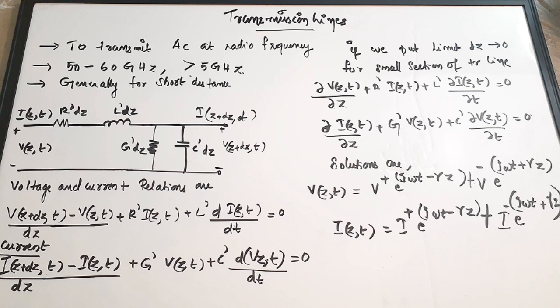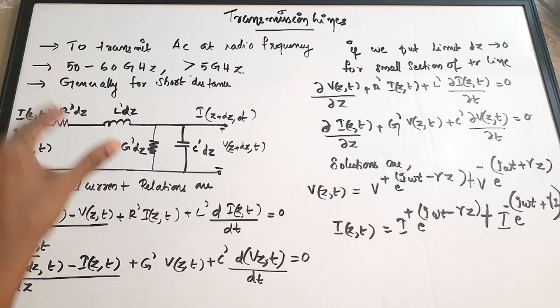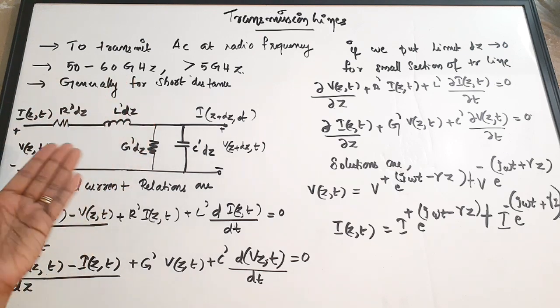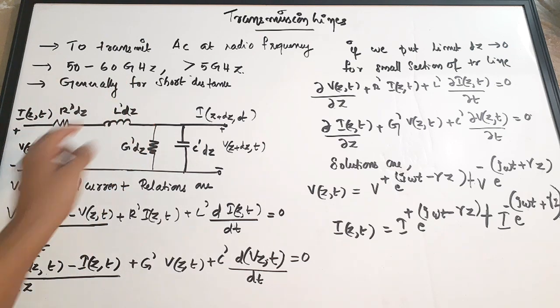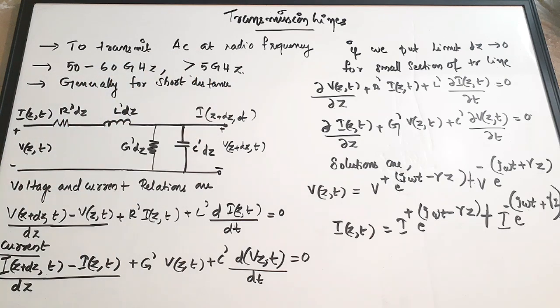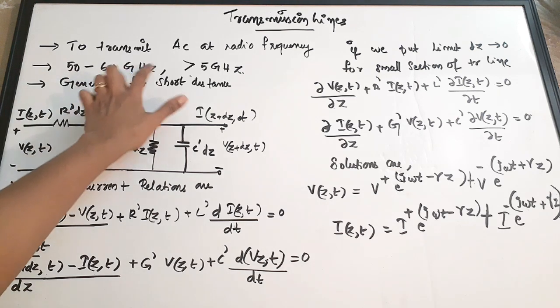Transmission line means a specialized cable, which can be a coaxial cable or anything. These cables are used for transmitting alternating current, or AC, at radio frequency. Generally the frequency of operation is between 50 to 60 gigahertz.